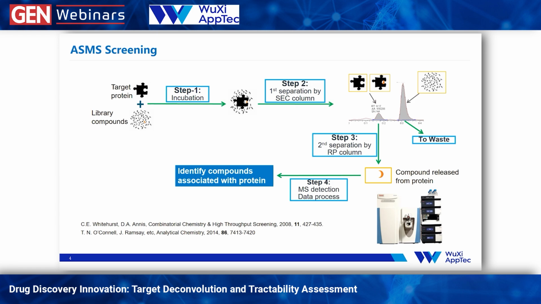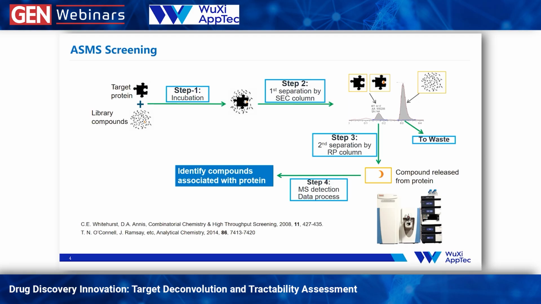Compounds in the screening pool can be identified by their exact mass and chromatography retention time. Mass spectrometers' high resolving power allows hundreds of compounds to be mixed as one pool and screened together, greatly enhancing throughput. The ASMS technique is a binding affinity assay.